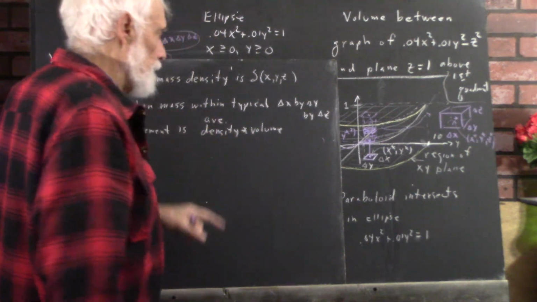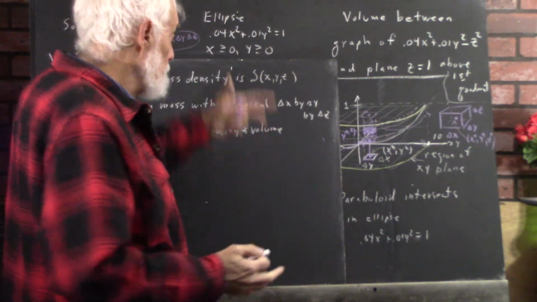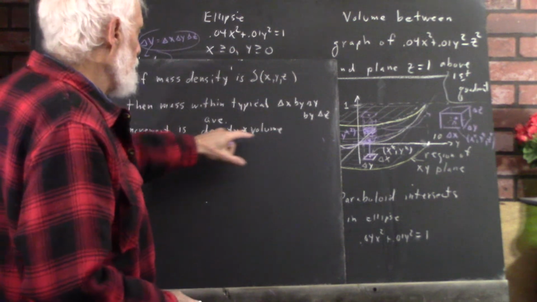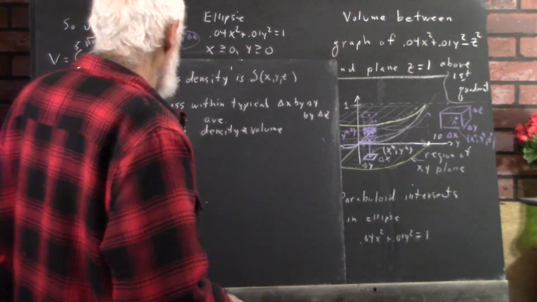I say average density because this density function can vary. Could be constant, but it could be variable. It doesn't matter. If you multiply the average density by the volume, you get the mass within the region.